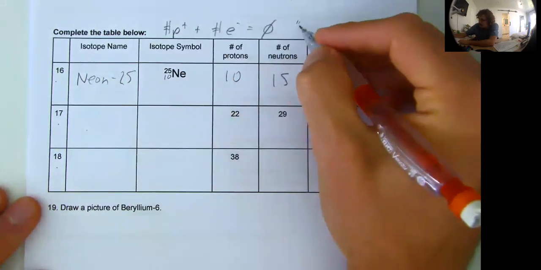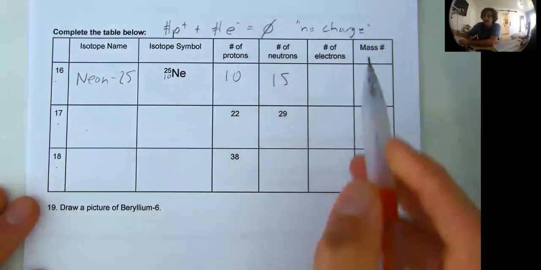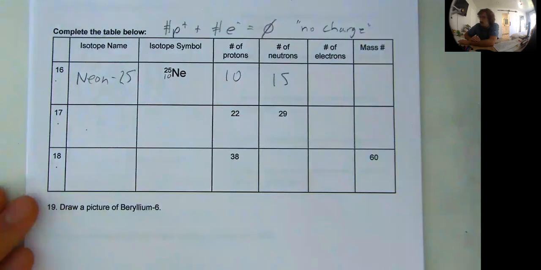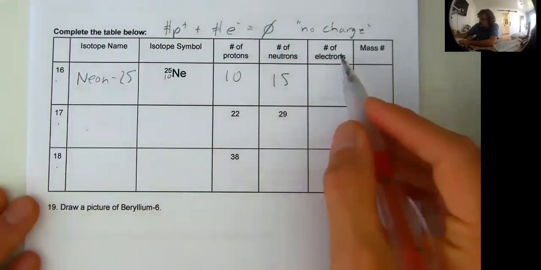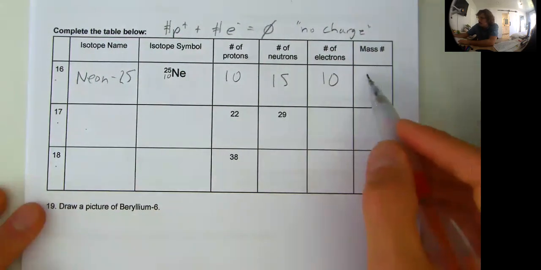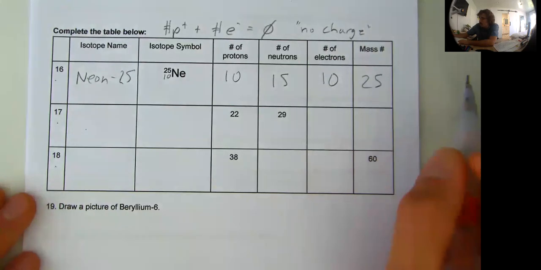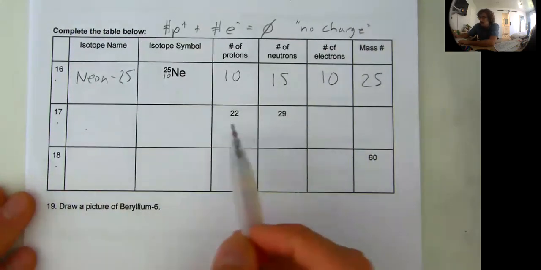That means no charge, which is the same thing as saying electrically neutral. So the number of protons has to equal the number of electrons. What is the number of electrons? Simple. It's 10. It's the same. And finally, what's the mass number? 25.